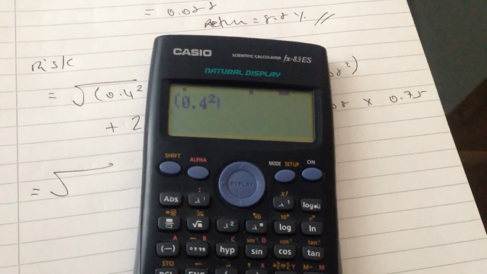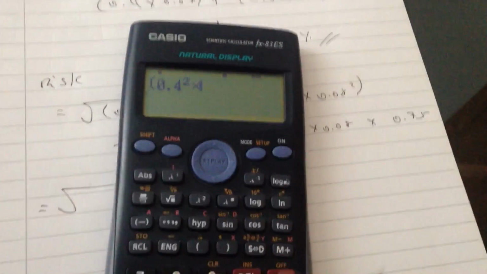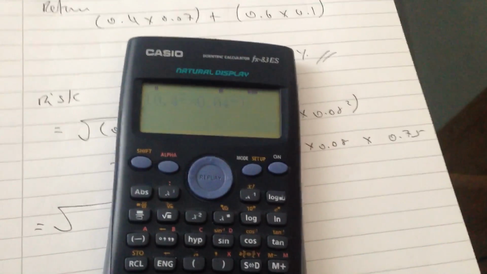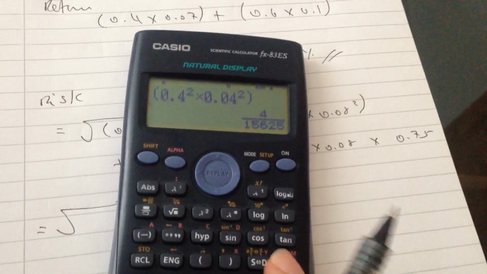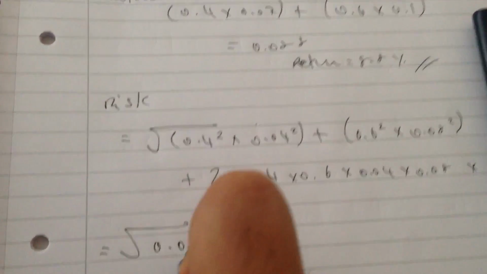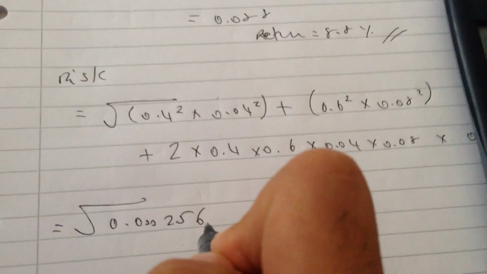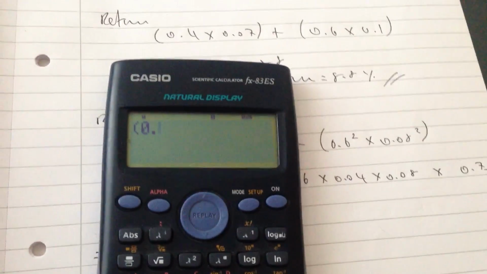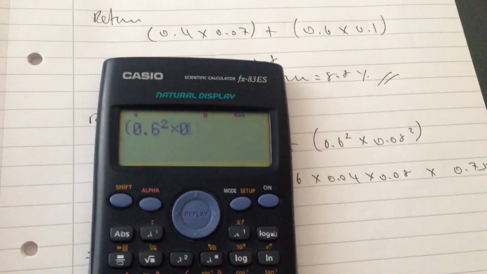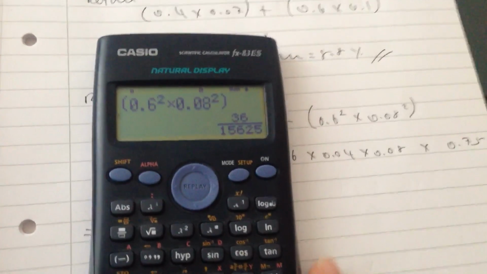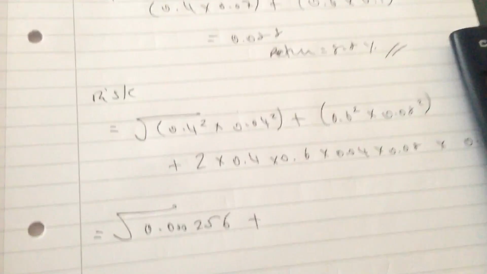0.4 squared multiplied by 0.04 squared equals 0.000256. Second bit, 0.6 squared multiplied by 0.08 squared equals 0.002304.